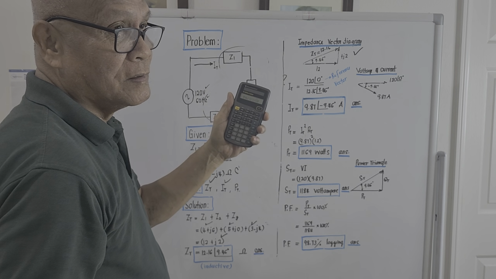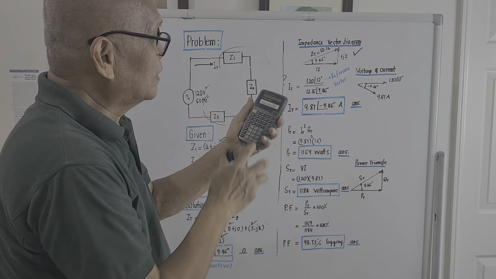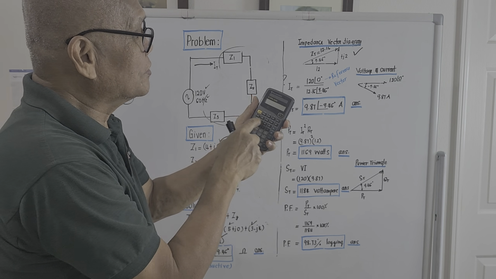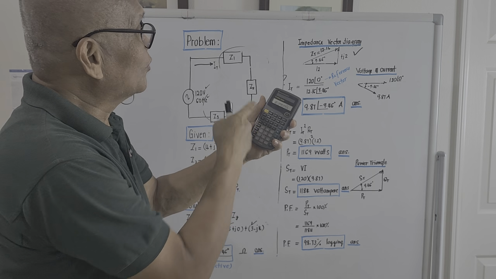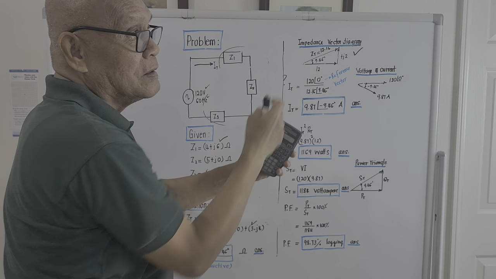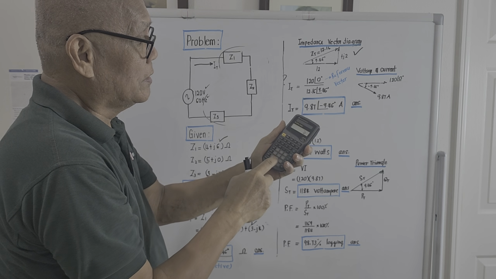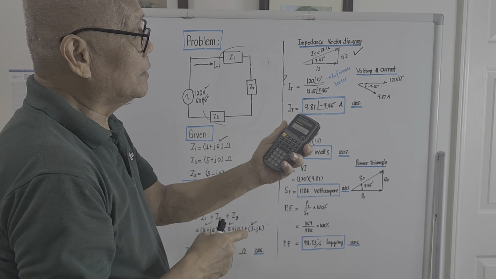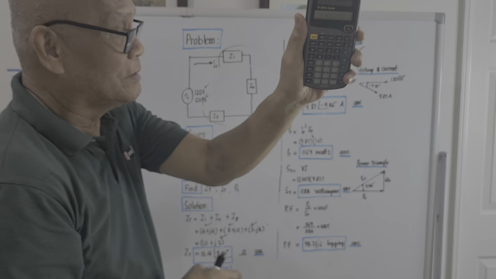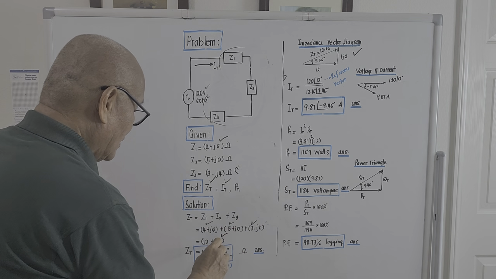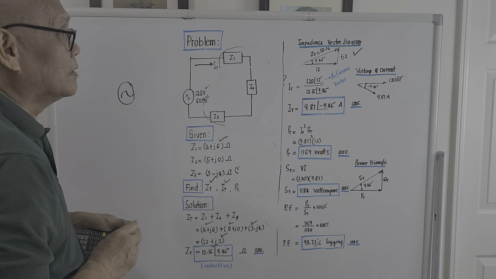The angle is 9.46 degrees. Okay? Then we will take the cosine. We will take the reciprocal. We multiply that by the real part, 12. And the value will be 12.16. Okay?